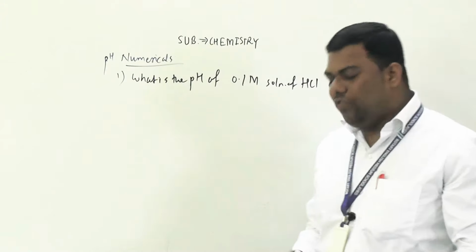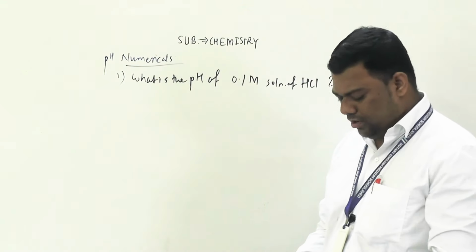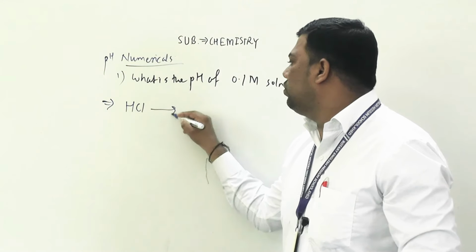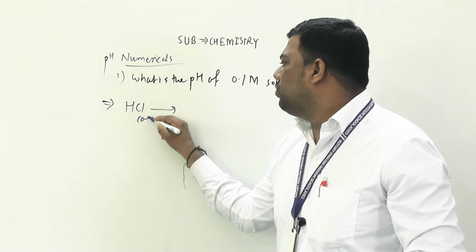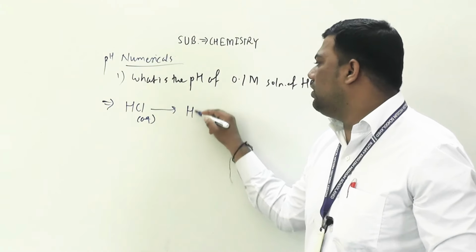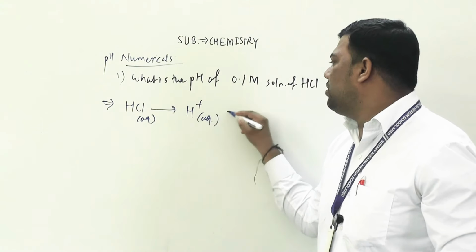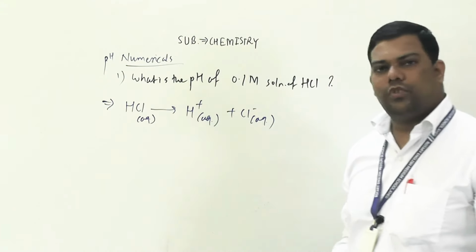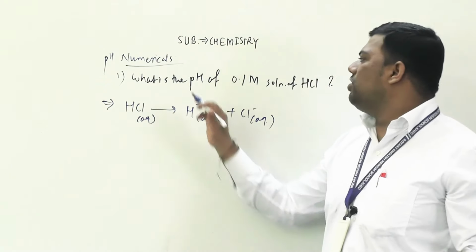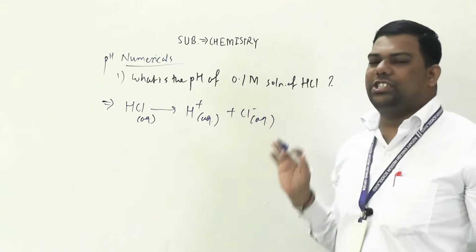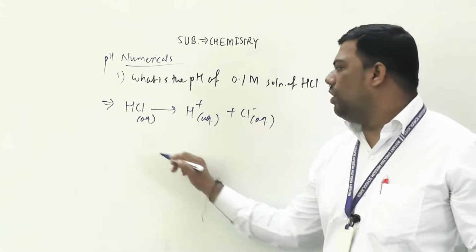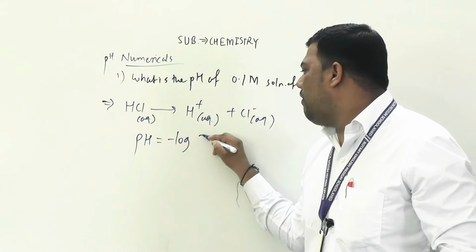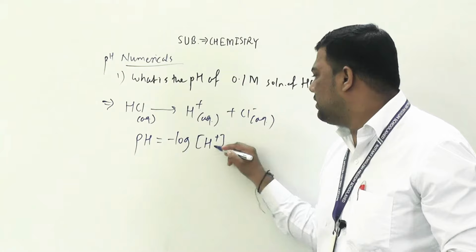As you know, HCl dissociates in aqueous solution into H plus aqueous and Cl minus aqueous, meaning only one H plus. pH is the negative logarithm of the concentration of H plus ions.